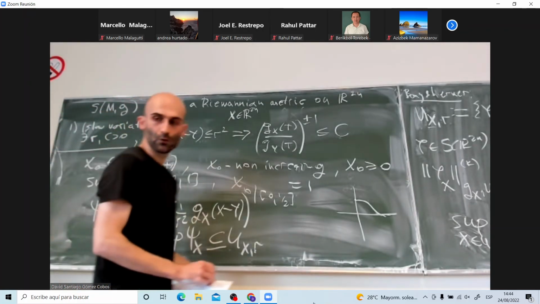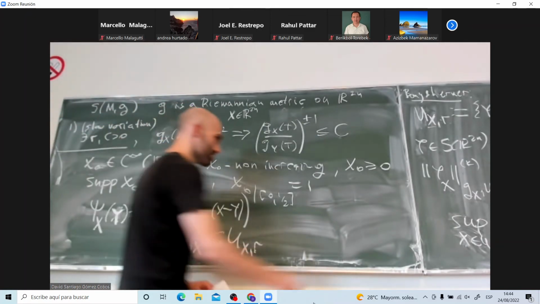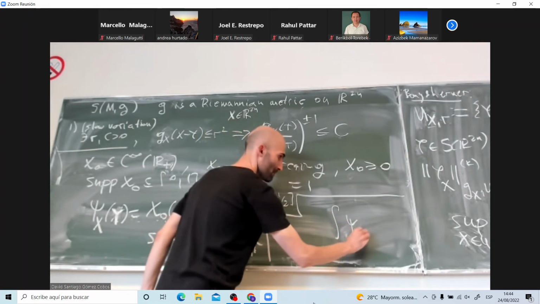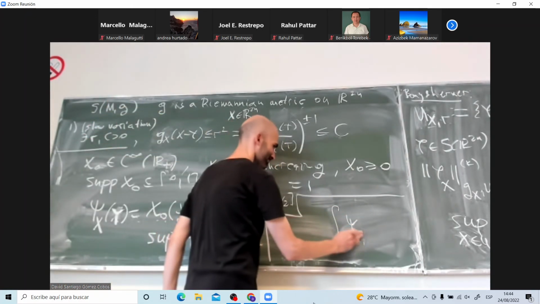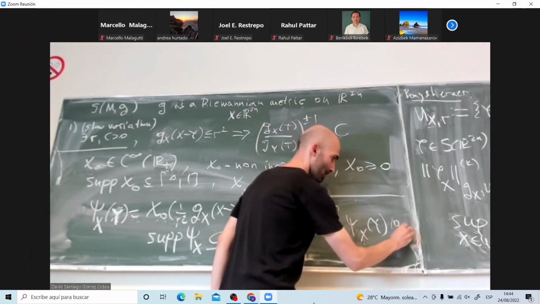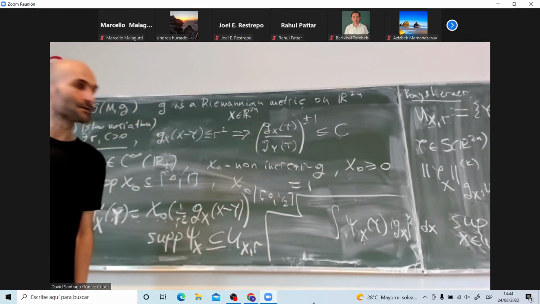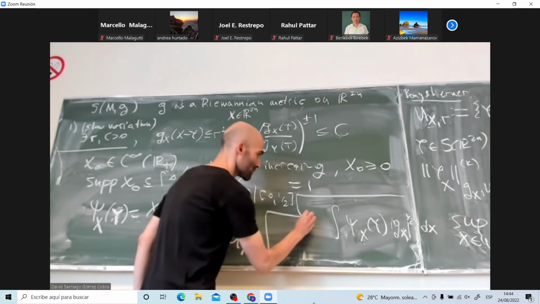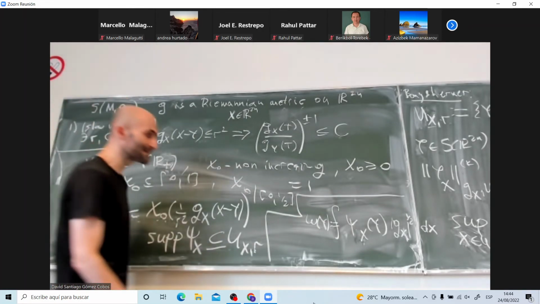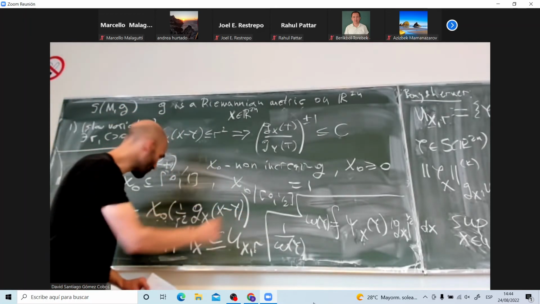Okay, and one more thing I will do. If you take the integral with respect to the volume form, it turns out that this is always positive. So if I define my function omega y like this, it is always positive. So it makes sense to take 1 over omega y. This is well defined in C infinity.